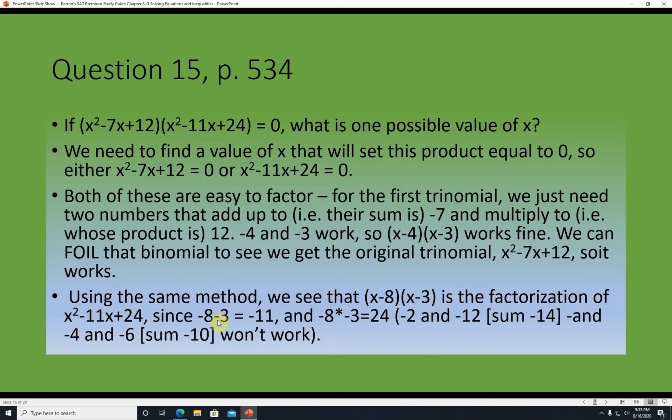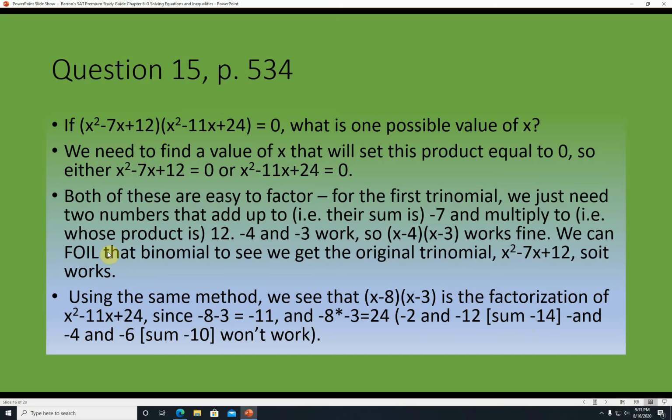That would be negative 8 plus 3, which is not what we're talking about. Anyway, negative 8 minus 3 is negative 11. And negative 8 times negative 3 is 24. The other ones you could try are 2 and negative 12, but those add up to negative 14. 4 and negative 6 add up to negative 10. So those won't work even though they are both factors of 24.